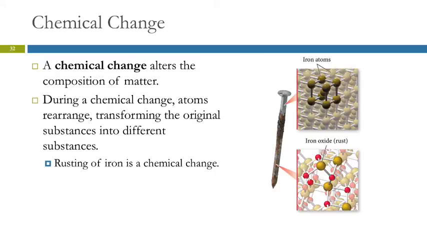We think about rusting. Iron rusts, right? So here's an iron nail, and as the rust forms on it, it's this reddish stuff, and it's flaky and crusty, right? It's not as strong as iron. If we look at what's going on at the particulate level with the atoms, here are the iron atoms, and they're attached to each other in this nice crystalline solid.